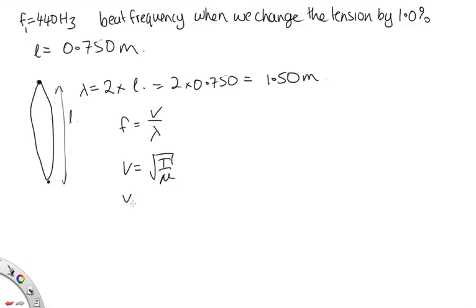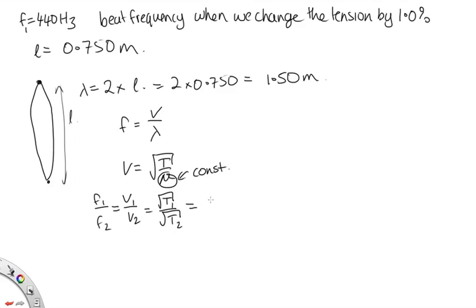So V1 over V2 is equal to the square root of T1 over the square root of T2, as this part is constant. We're also not changing this wavelength, so we can actually say that V1 over V2 is F1 over F2.